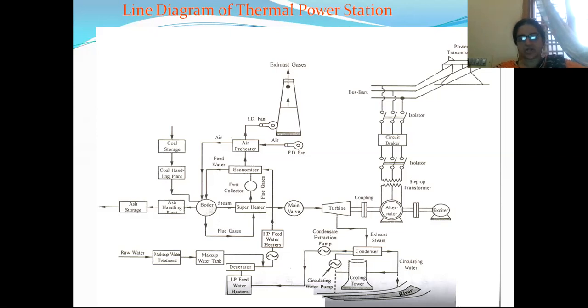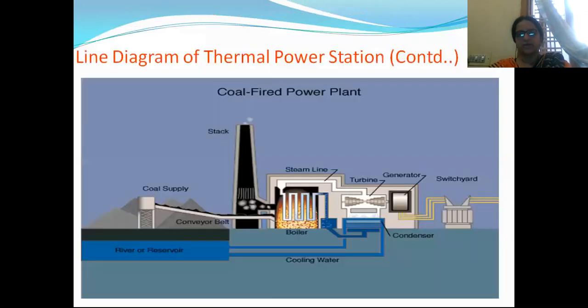Sorry, I'll explain the air preheater and economizer later in the slides. I will also tell about the FD fan and ID fan once again. Coming to the line diagram of a thermal power station.